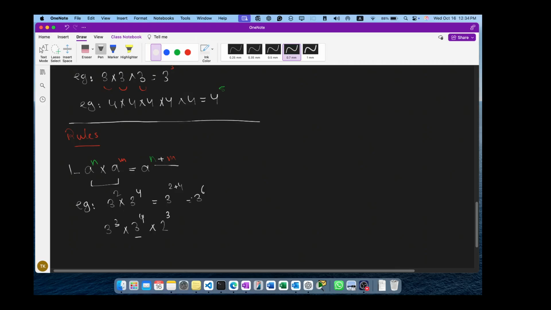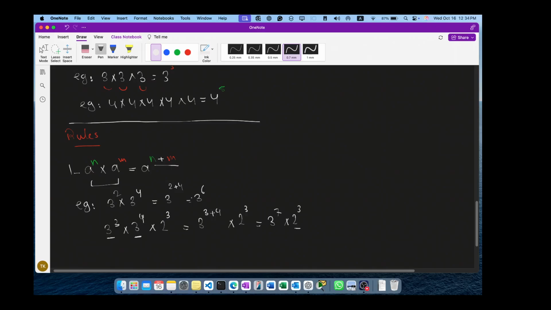We have the same base here, guys, right? I will keep the base itself and do addition, times 2 power 3, now equal to 3 to the power 7 times 2 to the power 3.